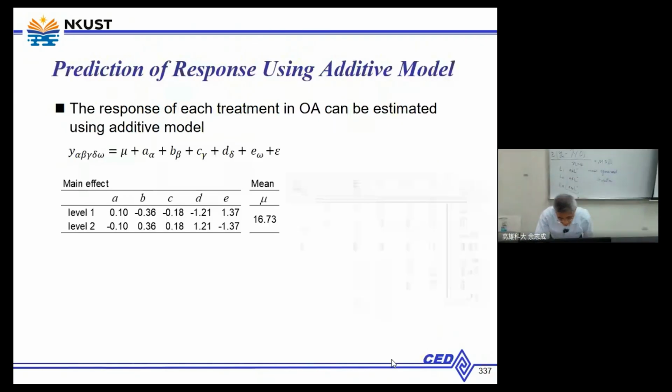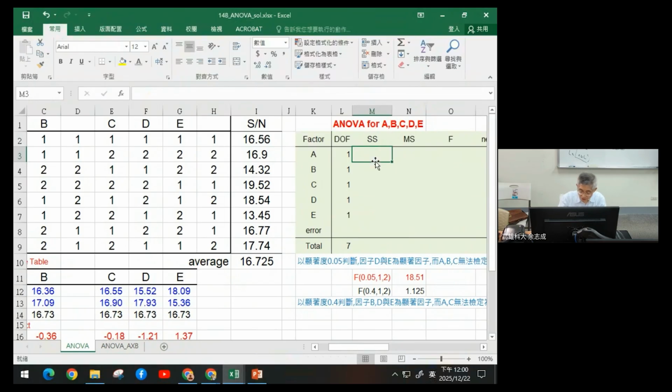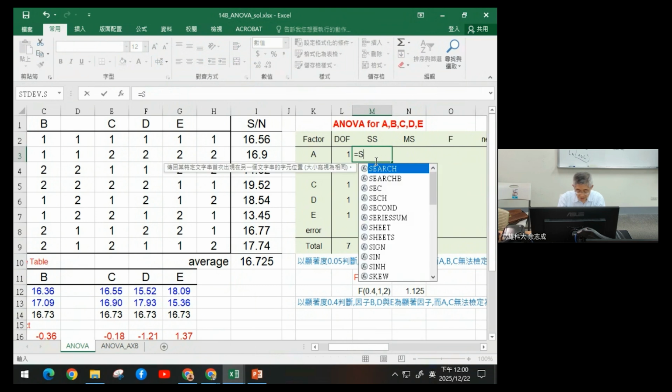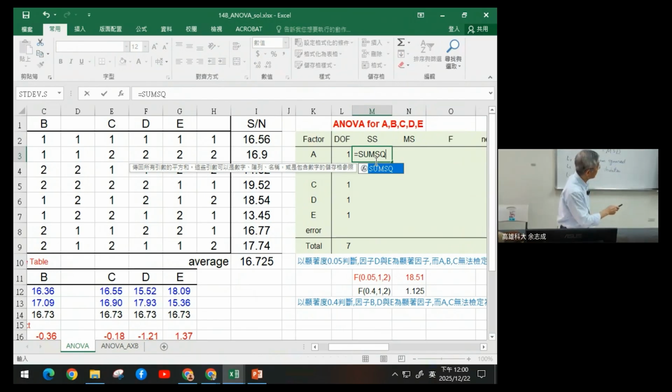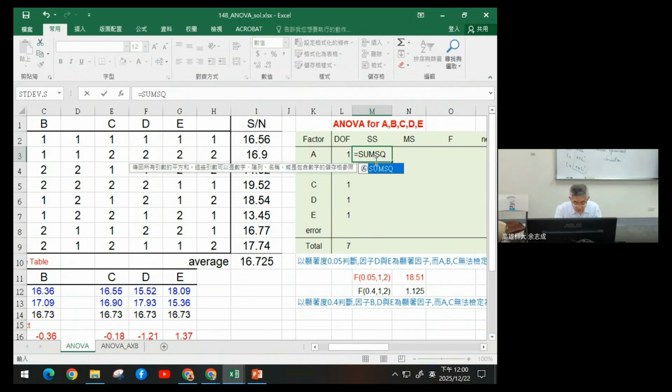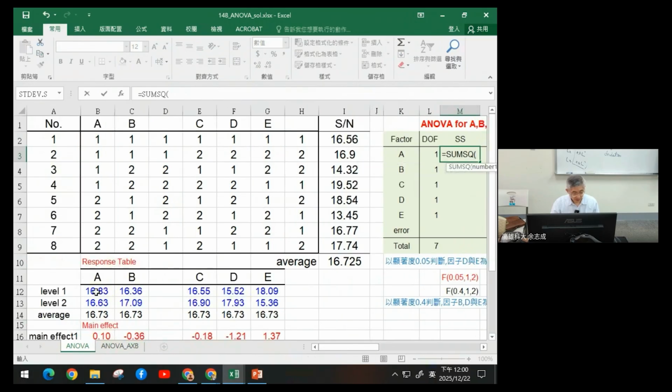Then it's very straightforward. Sum of square due to A will be equal to, we can use SUMSQ, sum square. This is the function in Excel. It will automatically return the sum of square. Here, we want to calculate sum square for A. So A1, A2, these two.